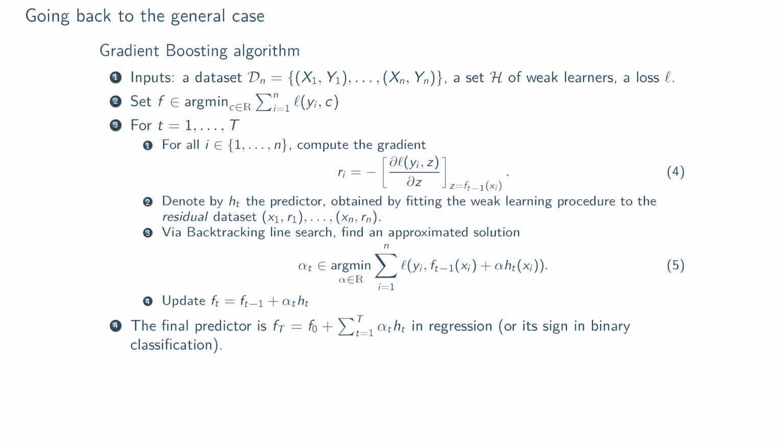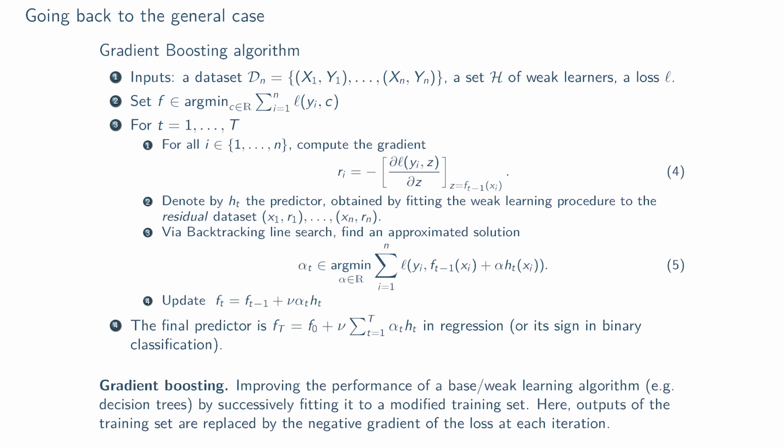The boosting procedure is therefore summarized as follows. Based on a dataset Dn, a learning procedure H, for example a decision tree algorithm, and a loss L, we initialize our aggregated predictor. In practice, this initialization is the optimal constant, allowing us to minimize the risk corresponding to the chosen loss. It is, for example, the average of yi for the quadratic loss.